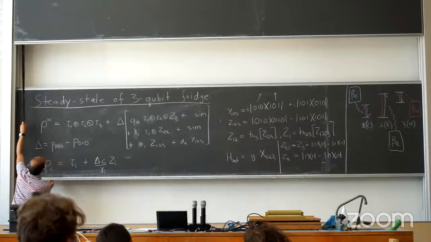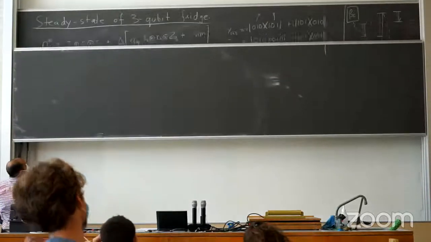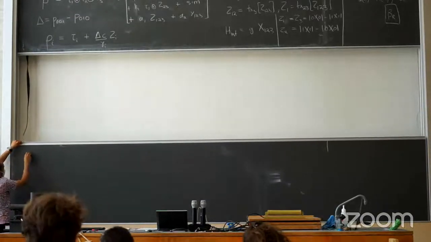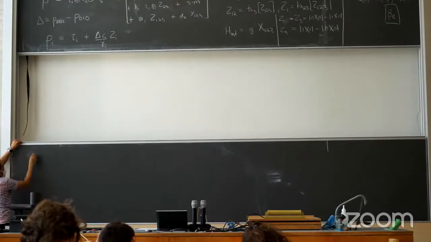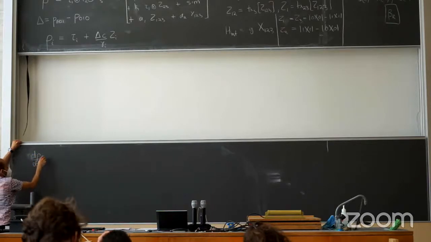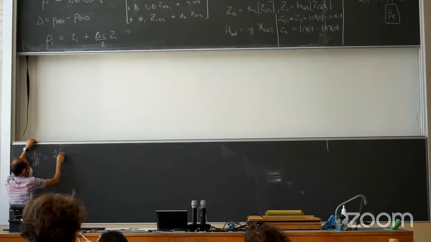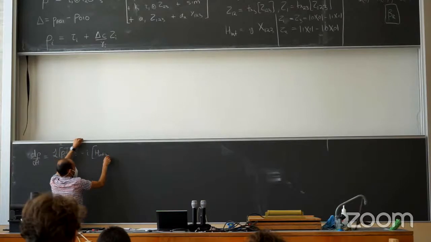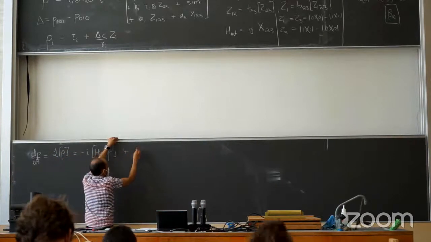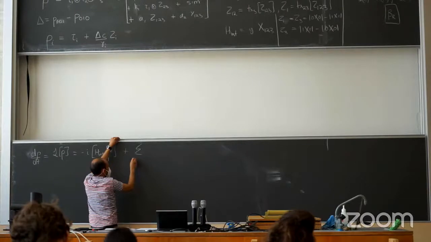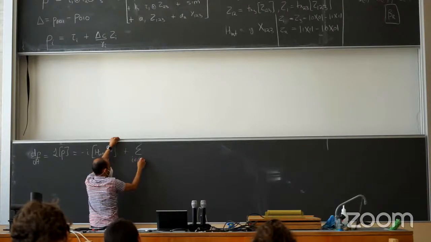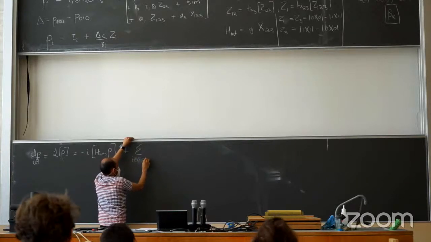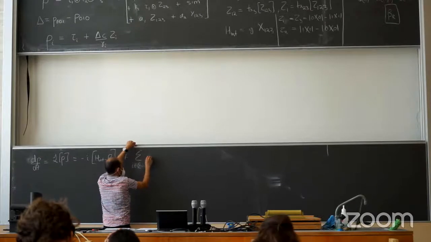Okay, let me remind you what the Lindbladian is now, because we will refer to it. So the Lindbladian, put it this way, d rho over dt is given by the Lindbladian acting on rho, and that is minus i [H_int, rho] plus the sum over I belonging to 1, 2, 3 of gamma I, and then the dissipator.